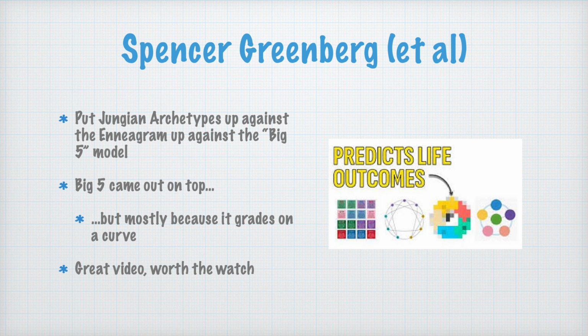And the Big Five came out on top, mostly because it grades on a curve. The other models put you in a box, and then, at least in the case of the Enneagram, they explain why you might shift your box, whereas with the Big Five, nobody is totally one thing or another. They're a blend of all of the above. It's a great video. It's worth watching. I am not doing it justice in this summary.